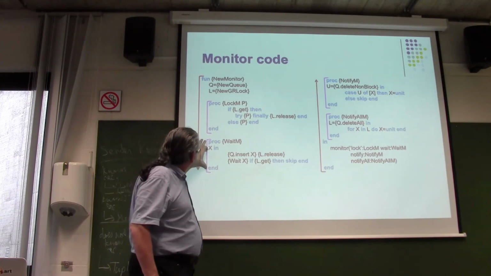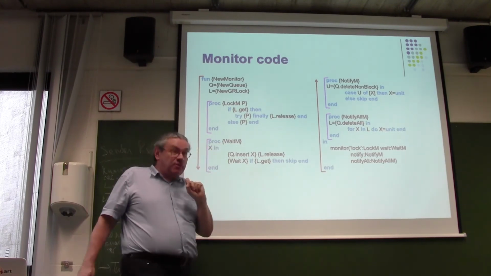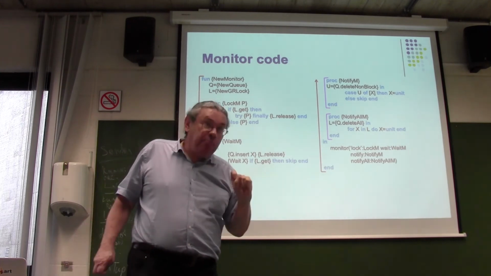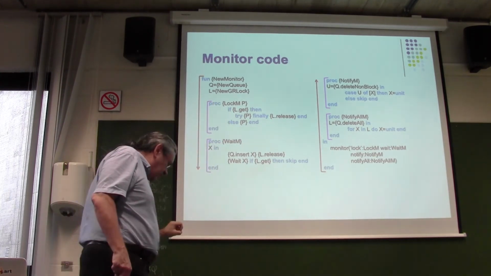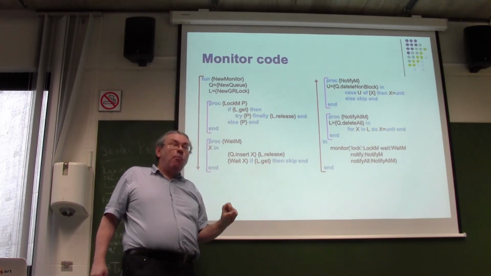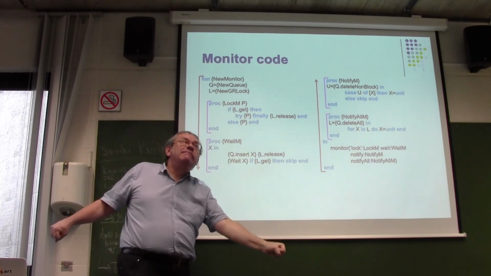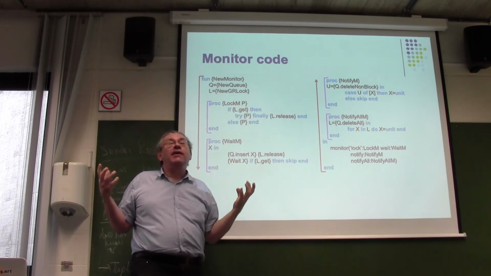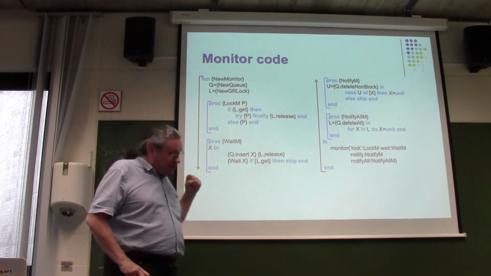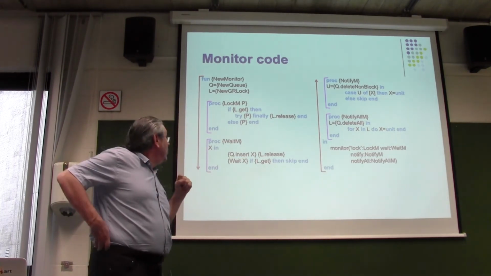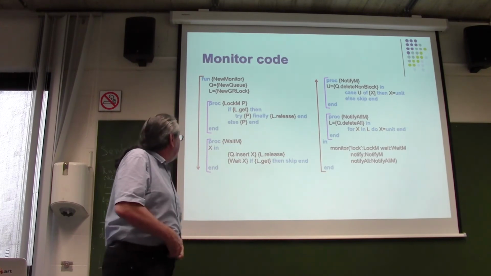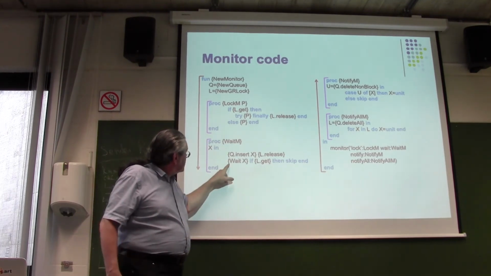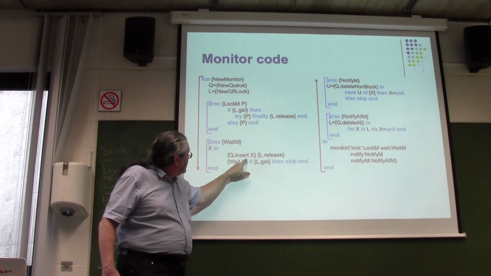First of all, the wait has to suspend a thread and put it in the wait set. So how do you put a thread in the wait set? It's not really a data structure of thread. So the way we do that is we use a data flow variable, a single assignment data flow variable. To suspend the thread, we do wait x.